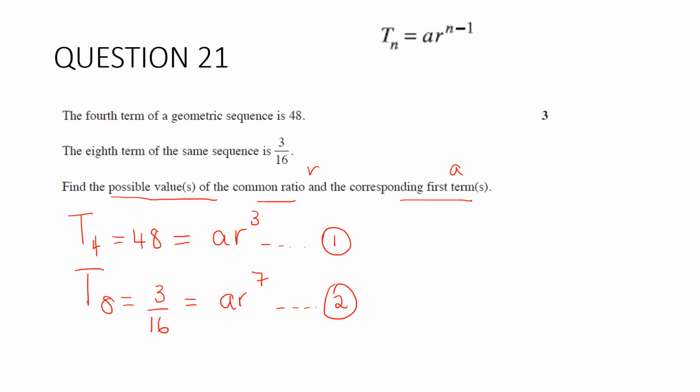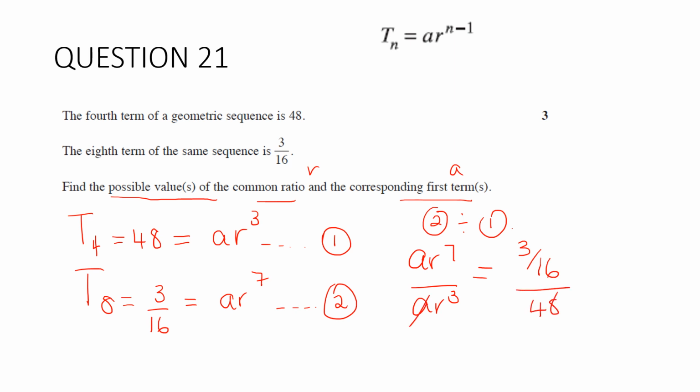Now I'm going to do equation 2 divided by equation 1. So AR to the 7 divided by AR cubed is equal to 3 over 16 divided by 48. Right, that cancels. We've got r to the power of 4. Let me just do that on the calculator. 3 divided by 16 divided by 48 is equal to 1 over 256.